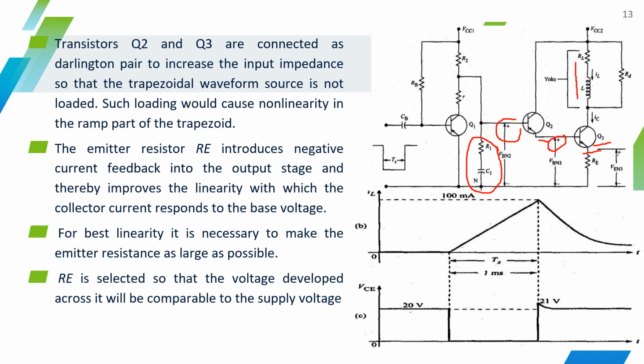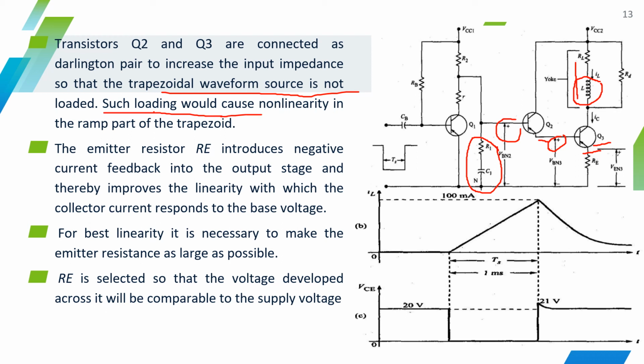Then current through the inductor increases linearly with respect to time. When the input voltage is more, what happens? It loads the base of transistor Q2. To avoid that problem, Q2 and Q3 are connected as a Darlington pair, so that the trapezoidal waveform source is not loaded.